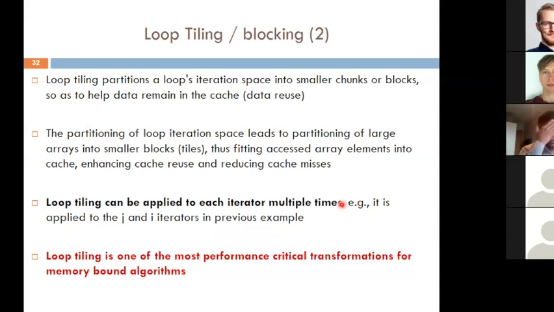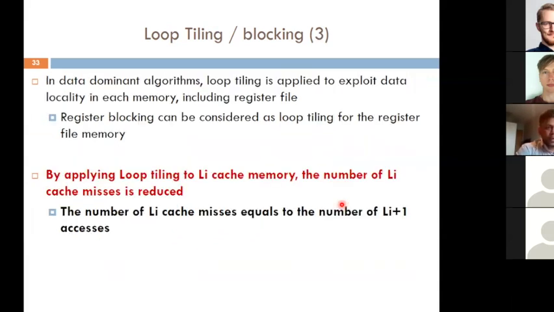Especially when you see that the code is memory bound, then we can use this technique and boost our performance. In data-dominant algorithms, loop tiling is applied to exploit data locality, so it optimizes the memory-bound algorithm.